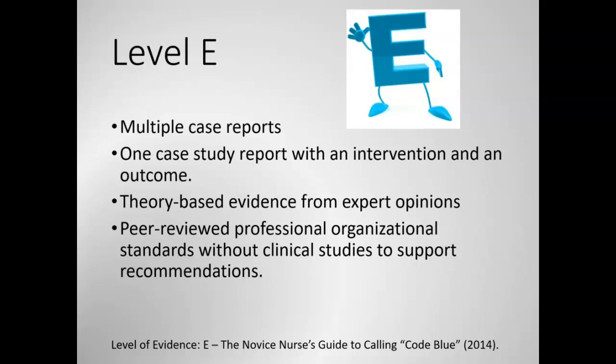And you're not going to see it a whole lot. However, it doesn't mean that this is not valuable in our literature review. So it's theory-based usually, expert opinions on why they thought this worked or why this didn't work or what we could have done better, all those things. Again, nothing wrong with including level E, but we were really looking for A, B, and C to be really strong.